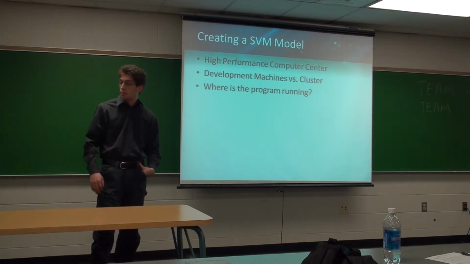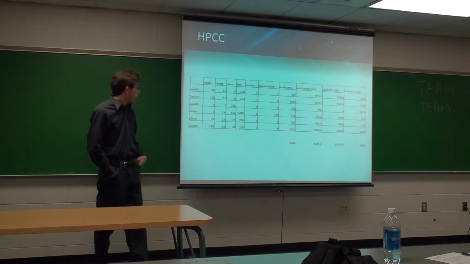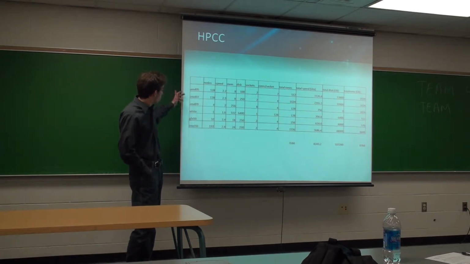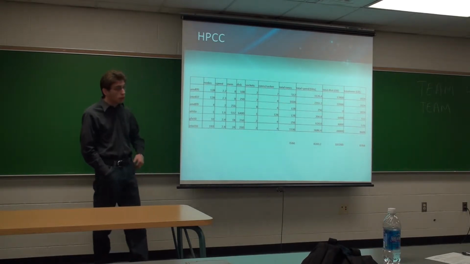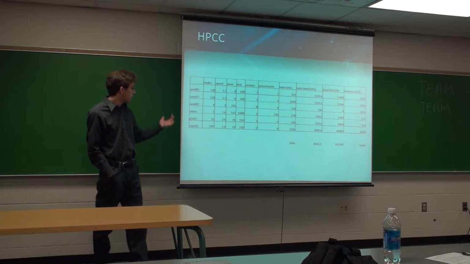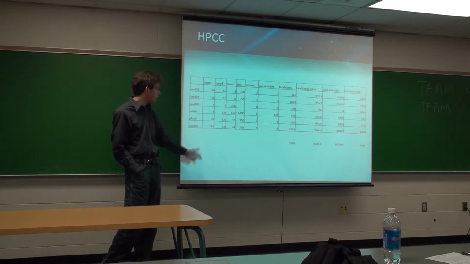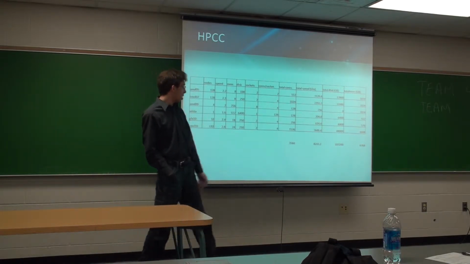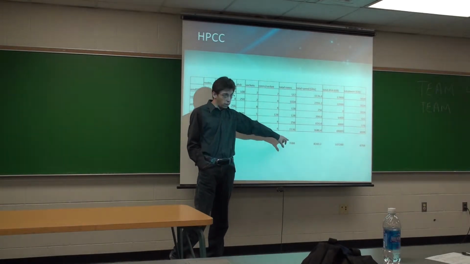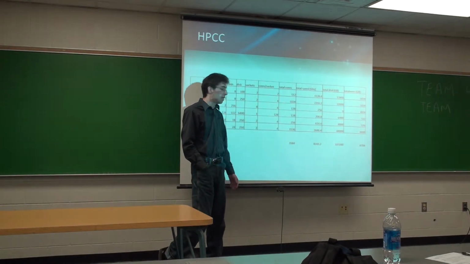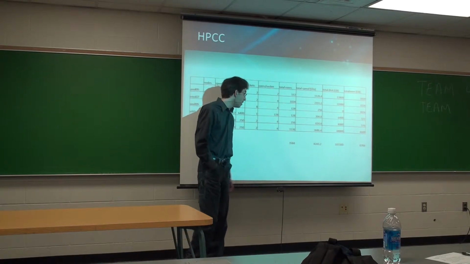Can you go to the next slide, please? Yep. So actually we have access to 6 different clusters of machines. Each one of these clusters has X number of nodes, but when you total all of this up, we have 3,584 cores of processing power, or 3,500 laptops available to us.